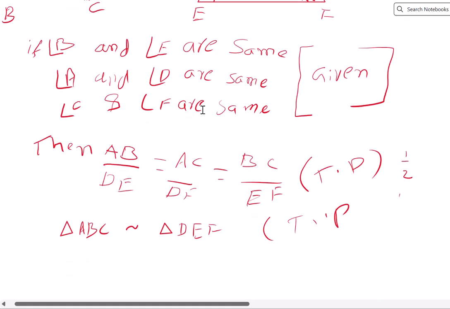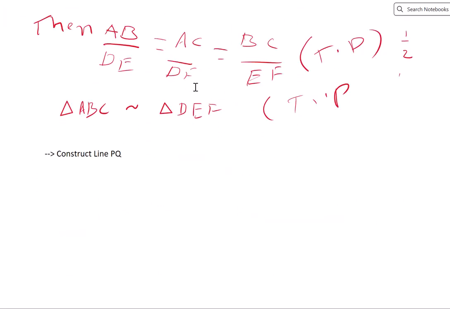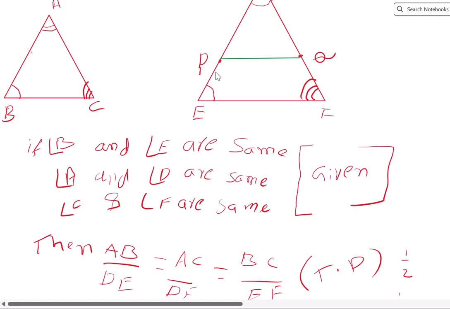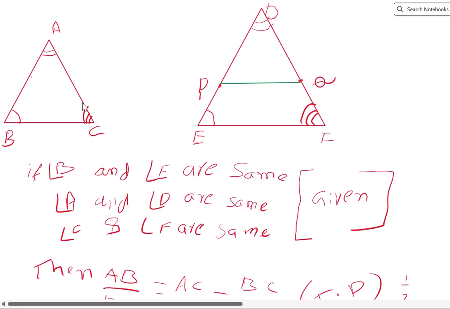Okay. Now, so we constructed line PQ. Since we have formed a new triangle by drawing this line which is congruent to ABC, side AB will become equal to side DP, and side AC will become equal to side DQ. We will write that.